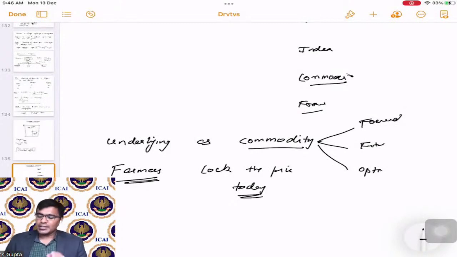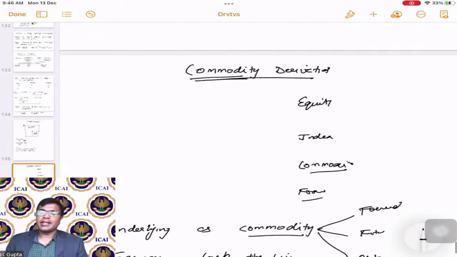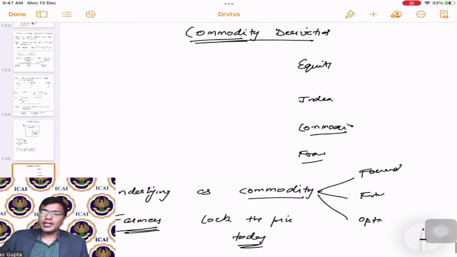So, to give an overview, commodity derivatives have a commodity as the underlying, and the main users are farmers.